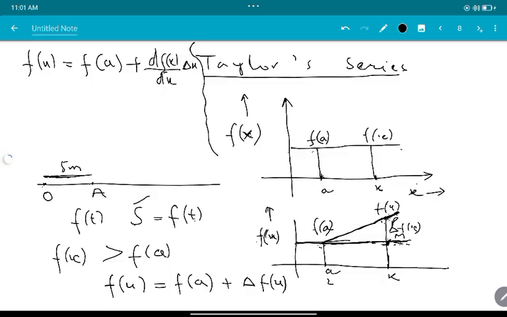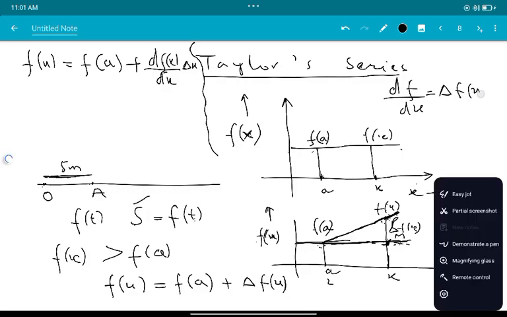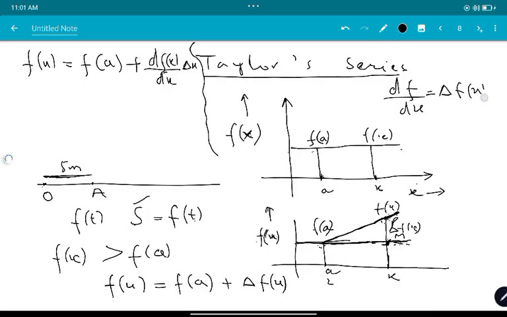How is this true? We just need to realize that df by dx means the change in the function f(x) per unit change in x.